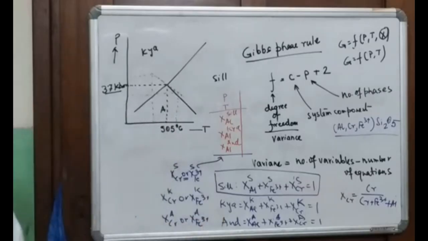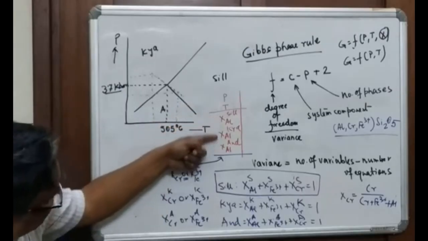So now, gentlemen of the jury, you have pressure, temperature unknown. You have these 3 unknowns.